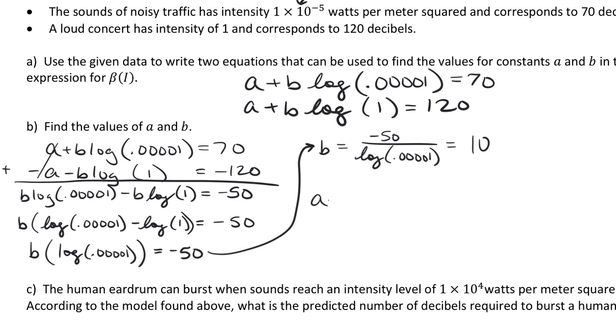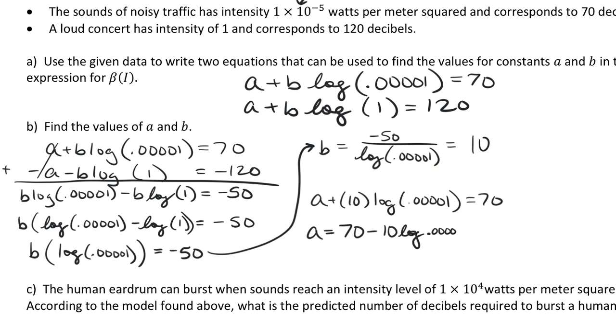So we would have a plus 10 times the log of 0.00001 is equal to 70, which means a is 70 minus 10 times the logarithm of 0.00001. And when you throw that in a calculator, what do you get?